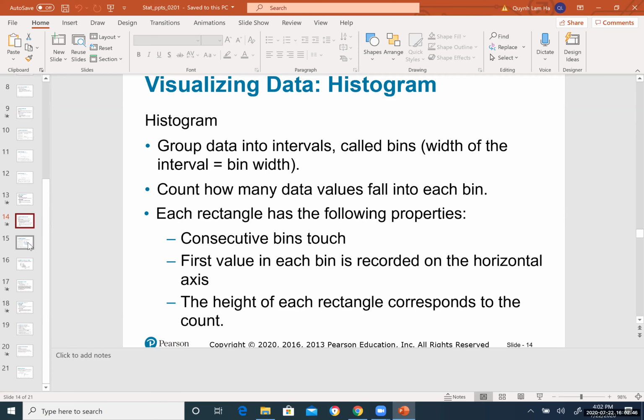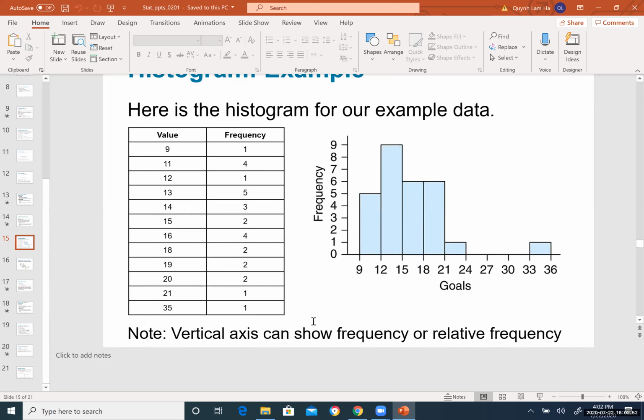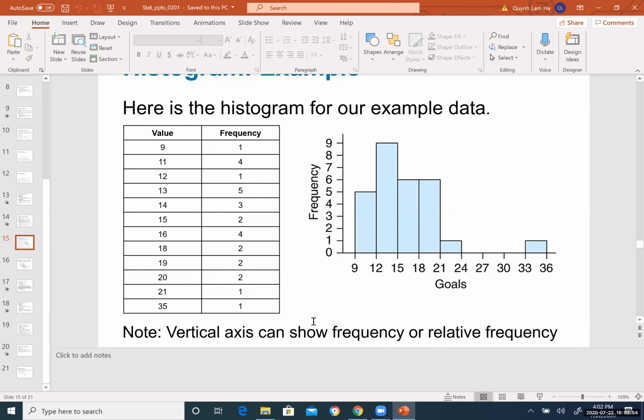The next picture is the picture of a histogram, and we can read this. Let me show you how to read this one. So here is the same example as you used for the dot plot or frequency table, right? But this time we're using the same table to graph it as a histogram.